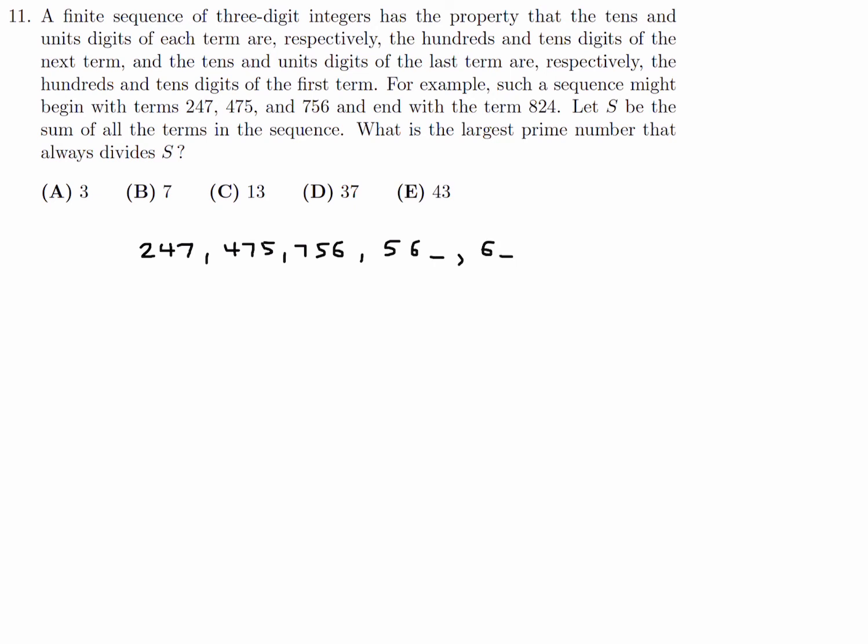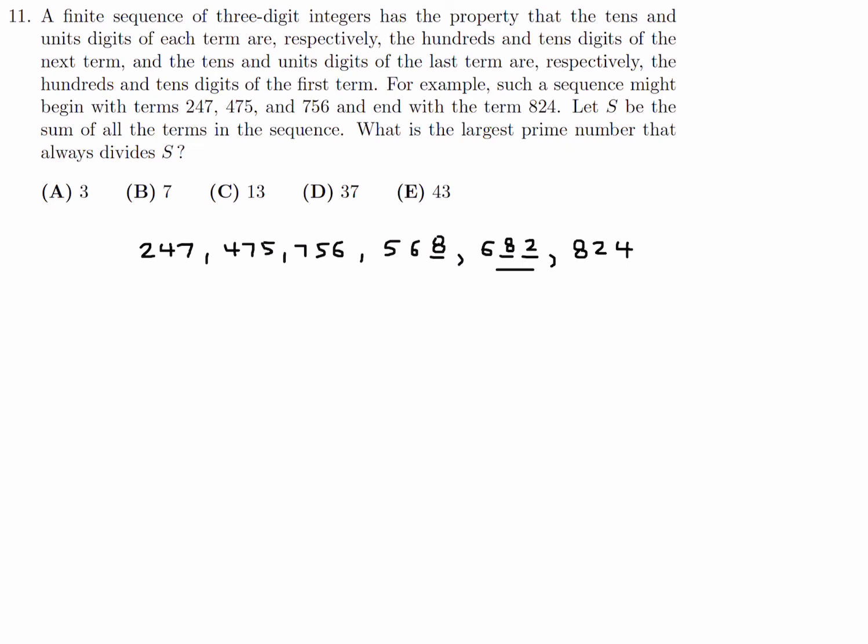And then 6 something. And then finally 8, 2, 4. So obviously this has to be an 8 and a 2. And this has to be an 8. Right? So this meets the criteria. They just shift the digits. That's the interpretation of what they told me in the question.